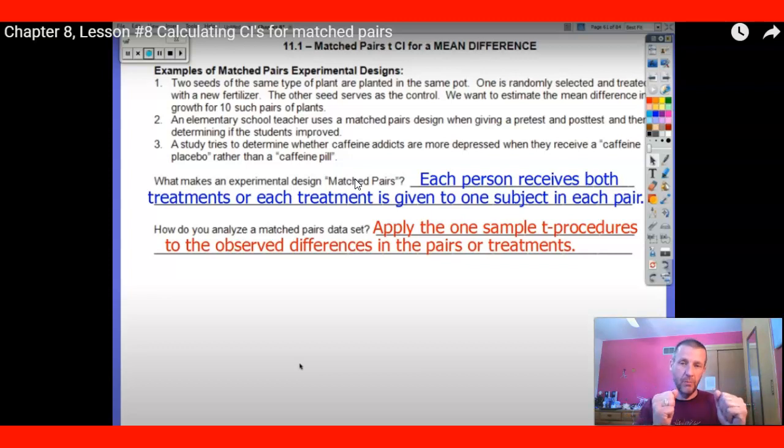So we're comparing a person with themselves, getting the treatment and not. That's what makes it a matched pair. Each person or each seed or each pot gets both treatments, and then we compare those two results. So when we do this, we're going to do a one-sample t to look at the differences between them.